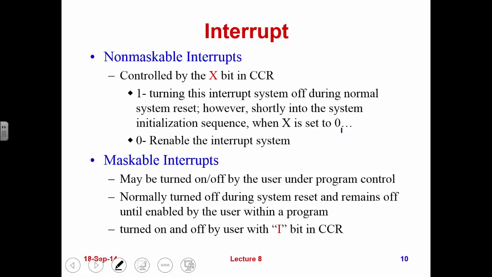Now, for maskable or non-maskable interrupts, sometimes a programmer is allowed to configure or control them.